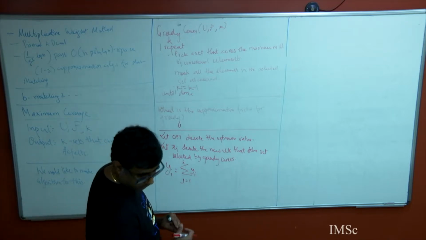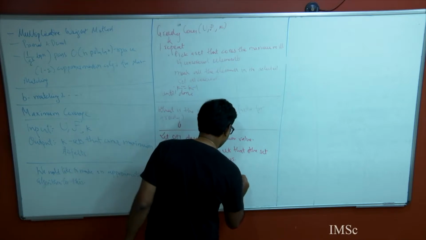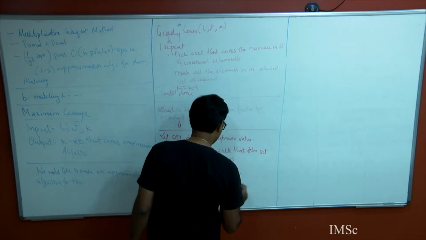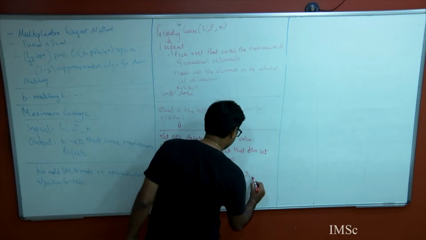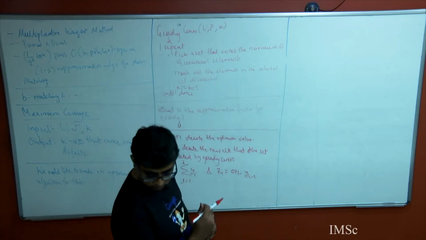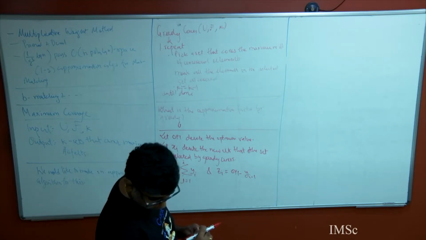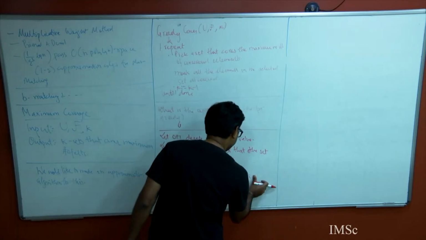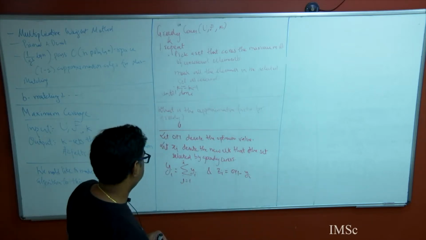And z_i is opt minus y_{i-1}, or let's call it y_i.